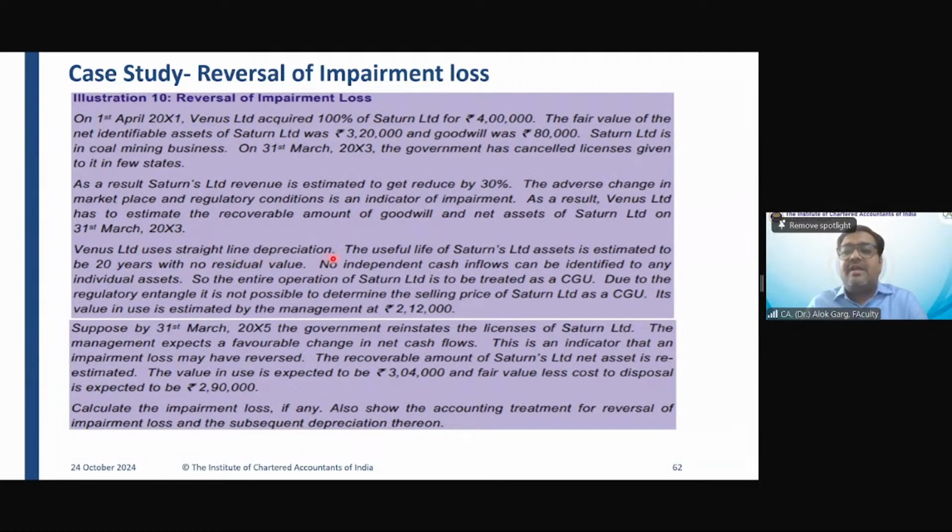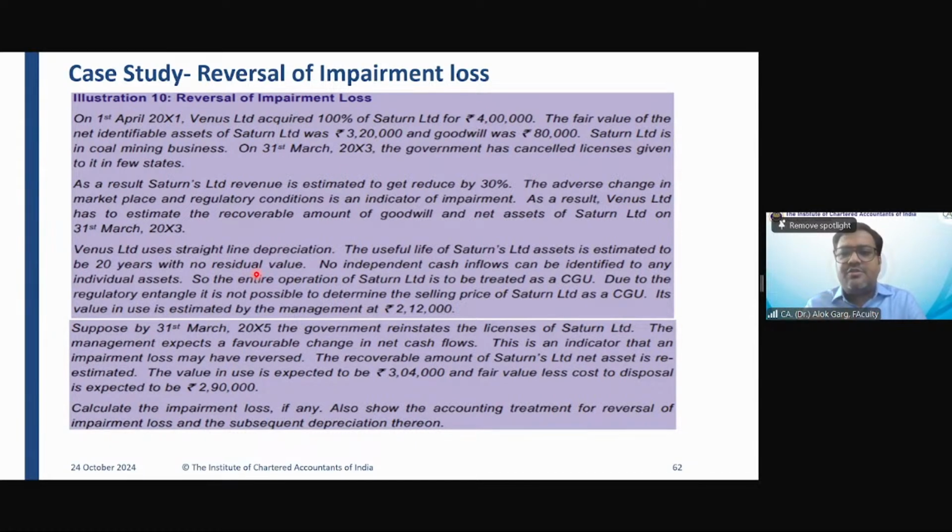Venus Limited uses straight line depreciation. The useful life of Saturn Limited asset is estimated to be 20 years with no residual value. So in this question so far, we got 3 information. These assets were acquired on 1st April 2001. There were 2 kinds of asset. One is identifiable asset 3,20,000, goodwill 80,000.